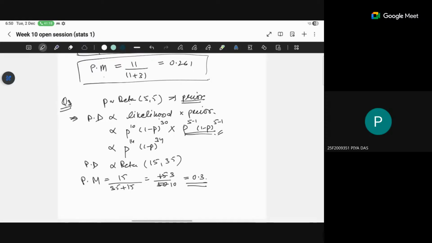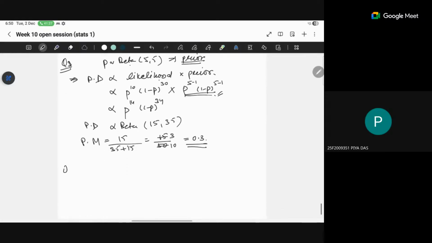Question number 4, you guys solve it and tell me the answer. When my prior is given to be beta 10, 10, tell me what the posterior distribution is and what my posterior mean is.